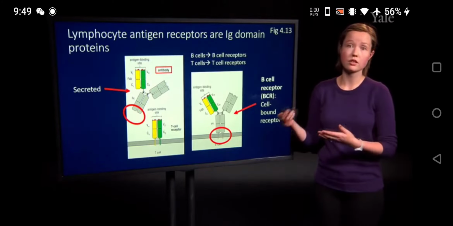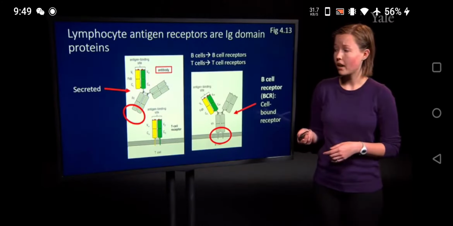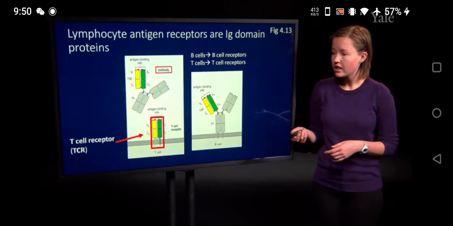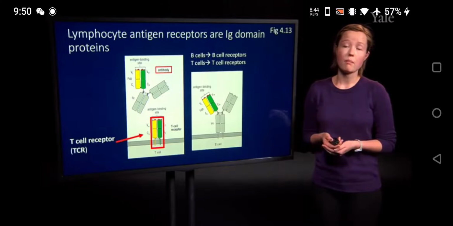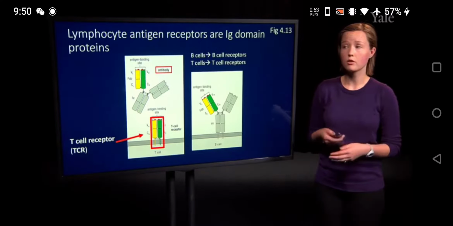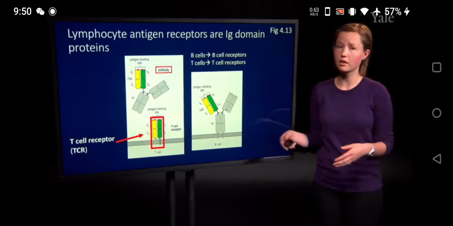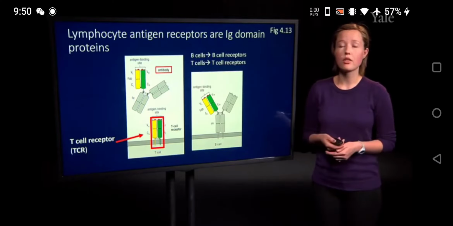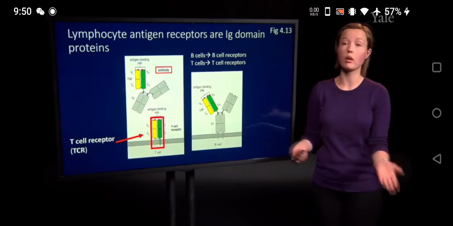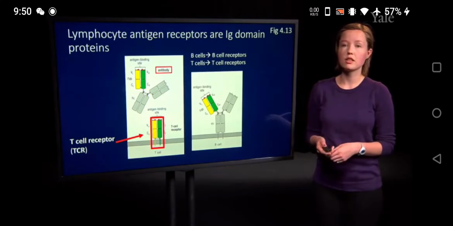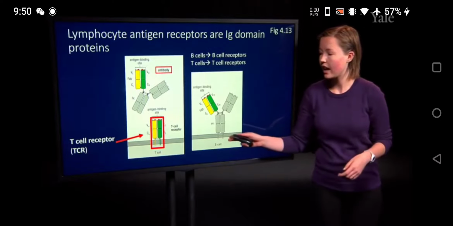By comparison, if we look at the T-cell receptor, this is always going to come in a membrane-bound form. So to contrast it with B-cell receptors and antibodies, while those can be secreted, the T-cell receptor will never be secreted. It will always be attached to the T-cell membrane. And you can see right here its transmembrane domain.